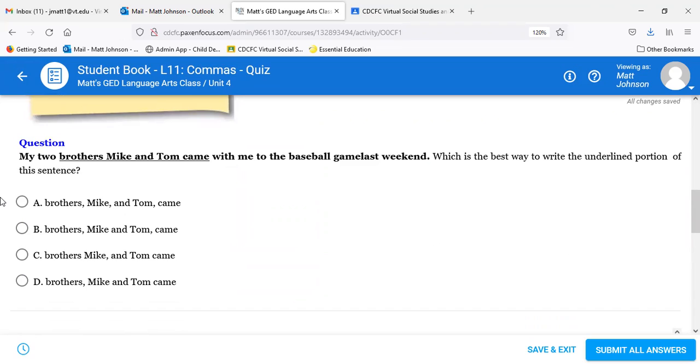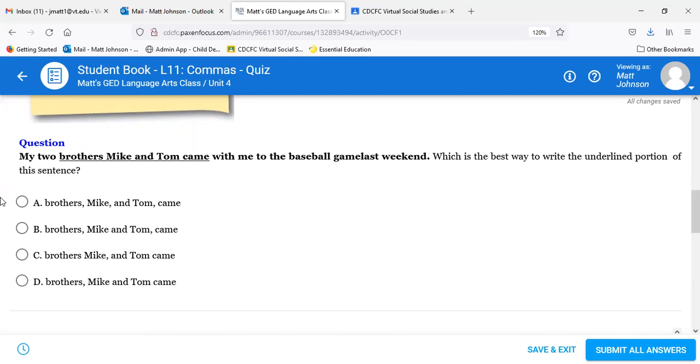How about Tracy? You want to try number 1 here? Yes, my two brothers, Mike and Tom, came with me to the baseball game last weekend. Which is the best way to write the underlined portion of this sentence?